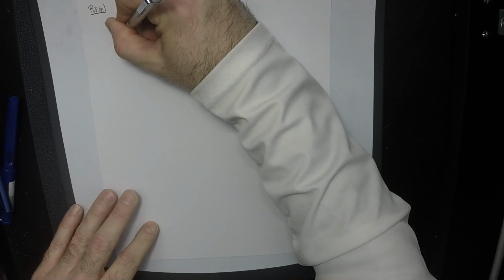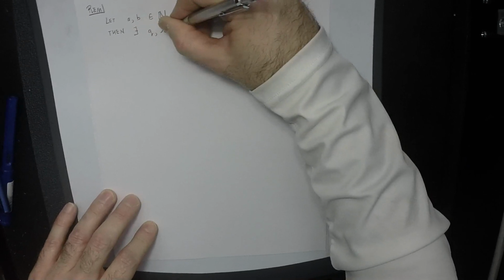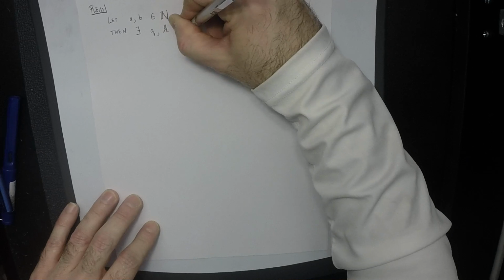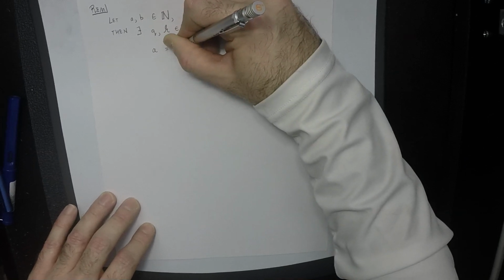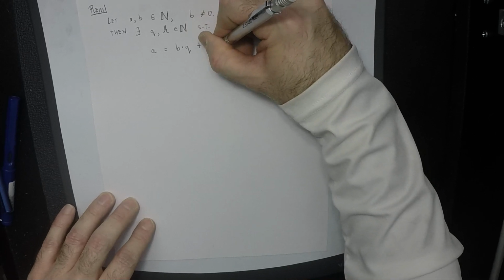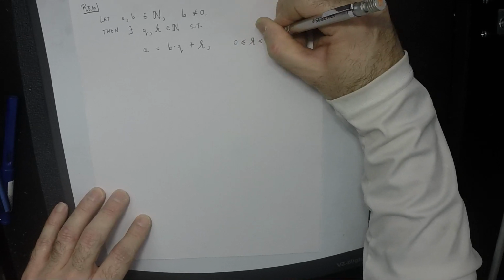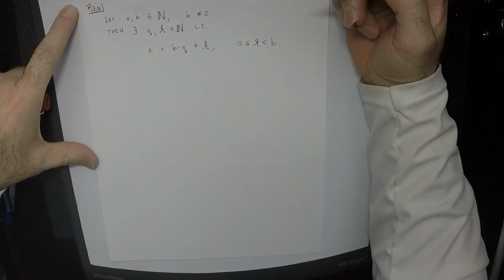Then there exists a Q and an R in the naturals such that A is B multiplied by Q plus R, and 0 is less or equal R less than B. So we don't have enough time to show everything today, but we can start naming some things.